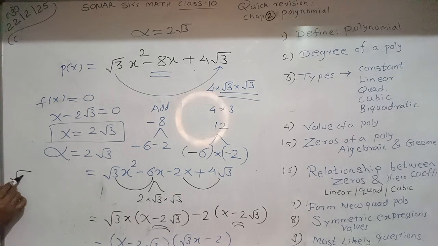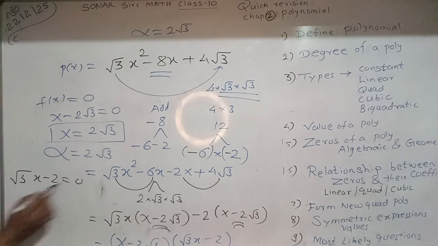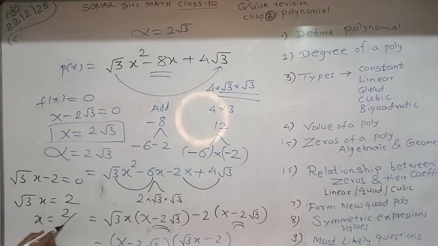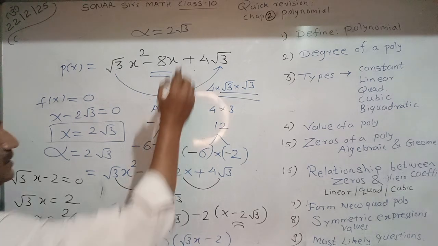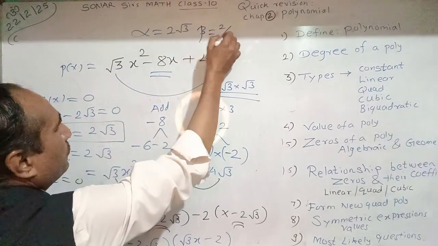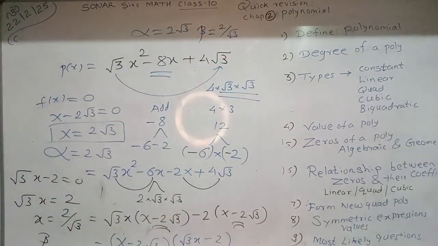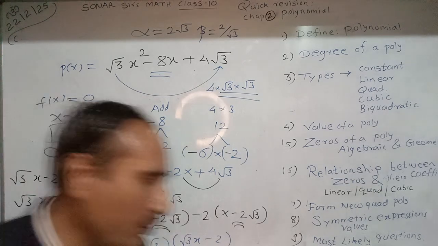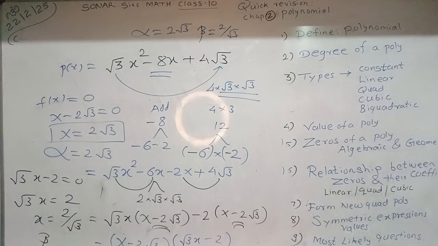The second zero is root 3x minus 2 equal to 0, root 3x equals 2, so x equals 2 upon root 3, which is our second zero, that is beta. So what is beta? Beta is 2 upon root 3. In this way we find the zeros of the given quadratic polynomial.